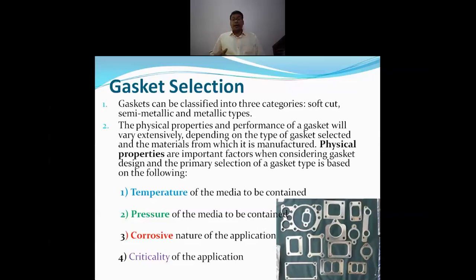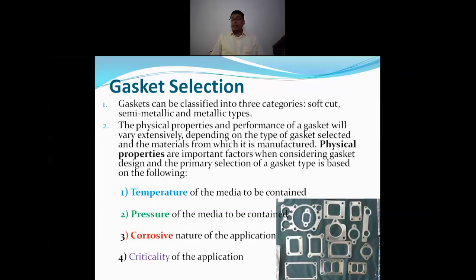That means at what temperature this gasket material will be exposed, at what pressure this gasket material will be exposed.